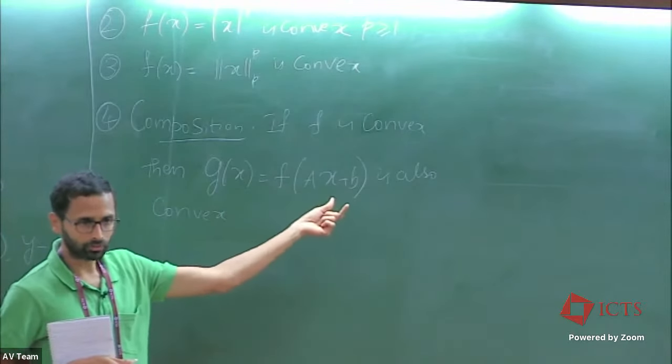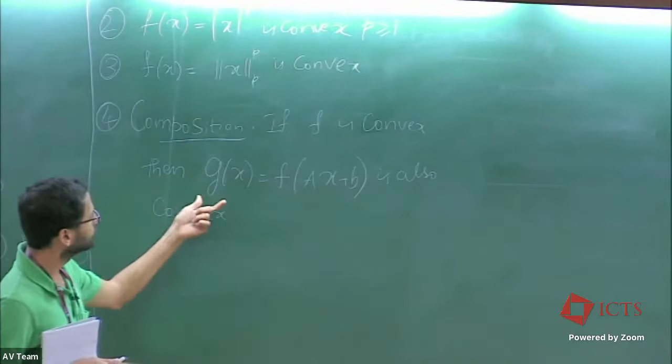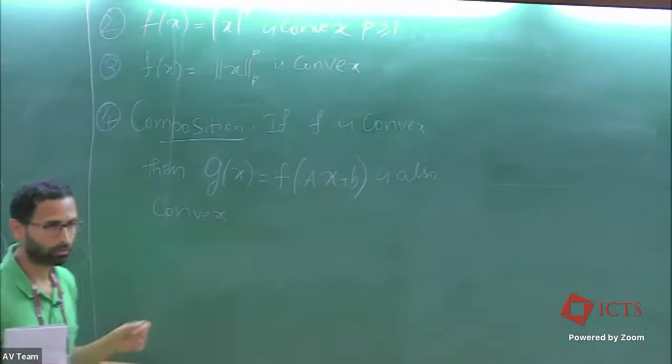So a and b are some fixed linear maps, and g of x, which is f of ax plus b, is also a convex function.